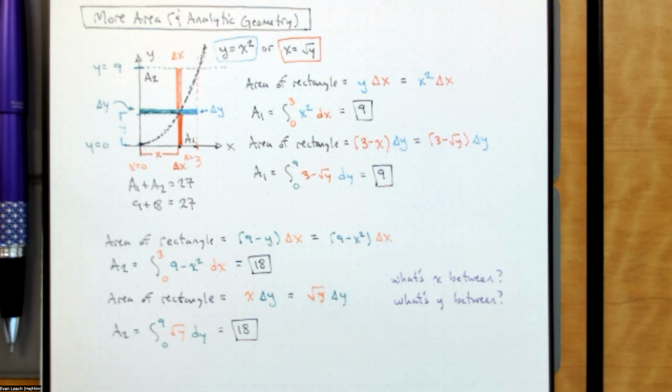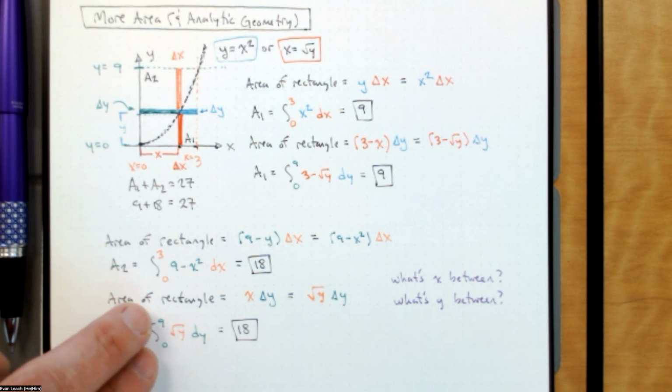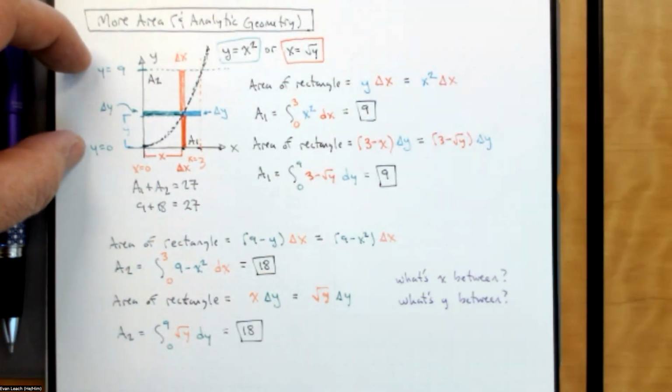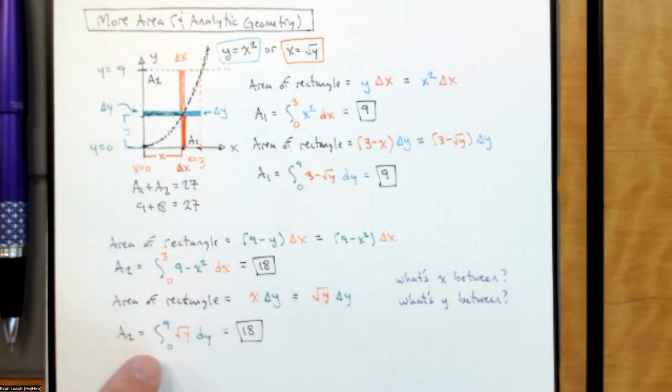Here, the integral is giving us fixed values of y. So what's y between? y is between 0 and 9. So for all the y's between 0 and 9, what's x between? So the thinking down here, when I have this integral from 0 to 9, I'm saying y is between 0 and 9.